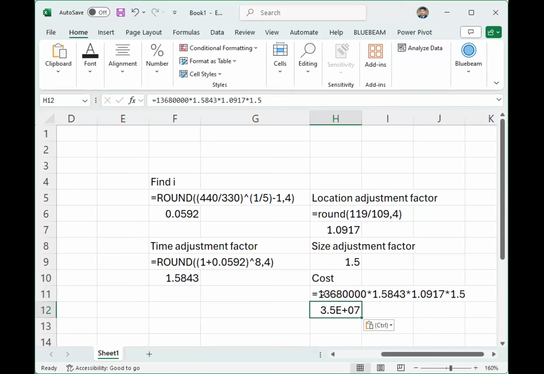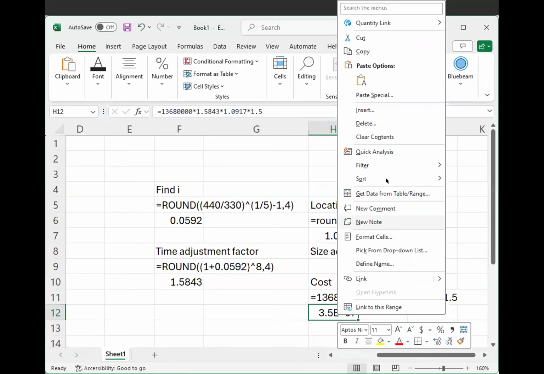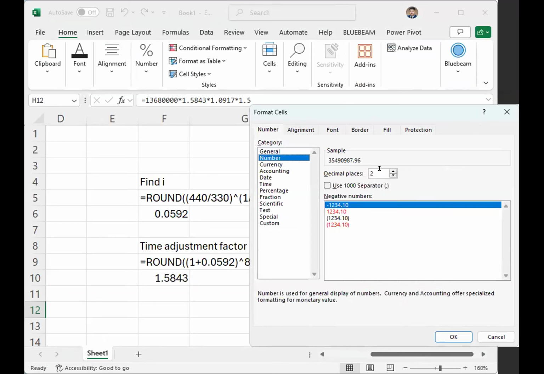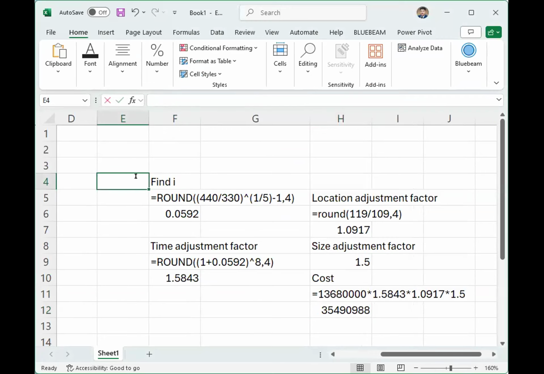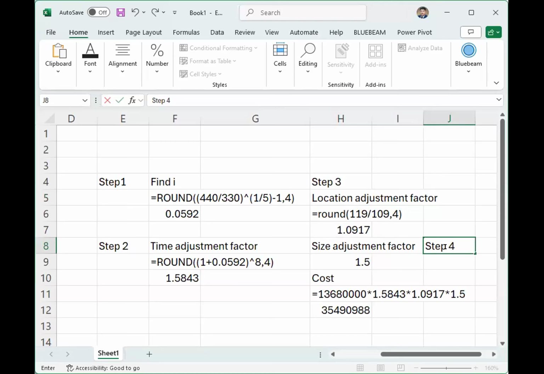And this is a big number, and you want to convert it into just the number without the scientific notation. Just go to Number and put in 0 decimal places, and you will see this number here. Okay, so here's your step 1, here's your step 2, and finding the location is step 3, the size adjustment is step 4, and getting your cost is step 5.